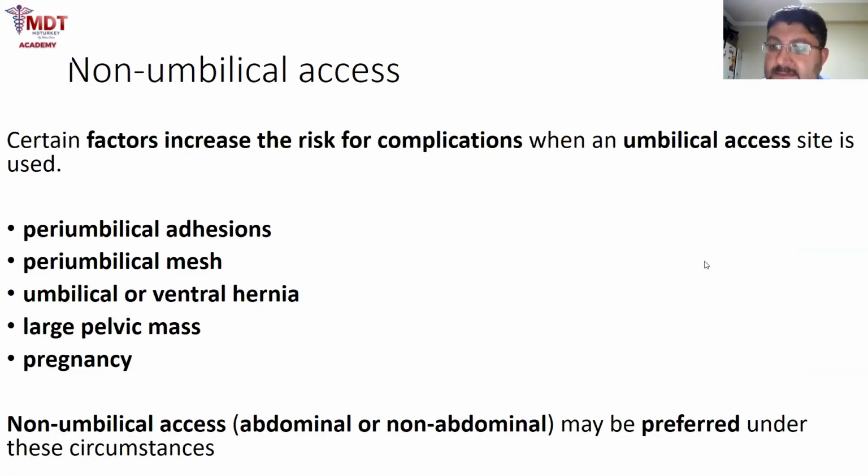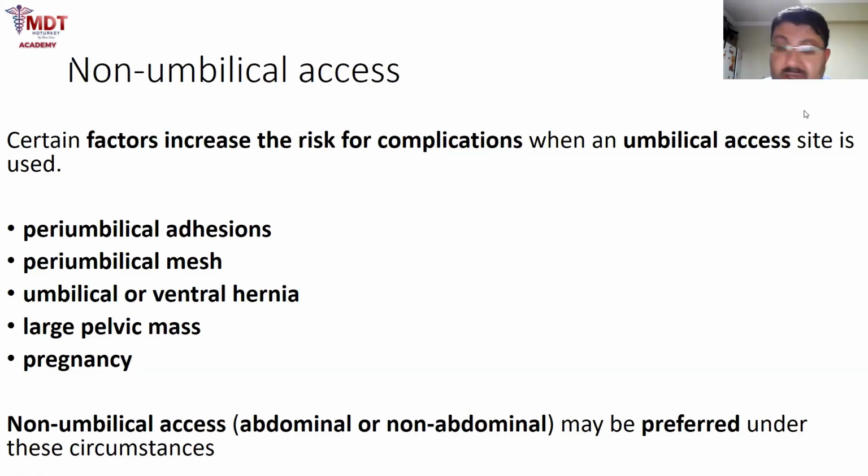There are some risk factors when you use this abdominal umbilical access site, and those are peri-umbilical adhesions. If there is a mesh beneath the umbilicus, it increases the risk of complication. Maybe the patient may have an umbilical or ventral hernia. Maybe the surgery you are doing is for a large pelvic mass.